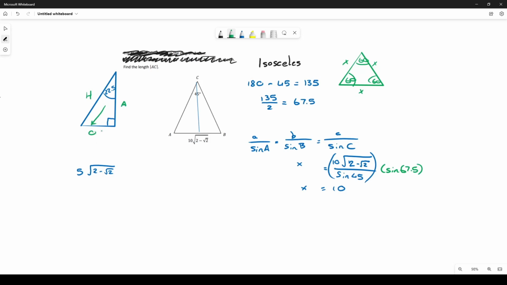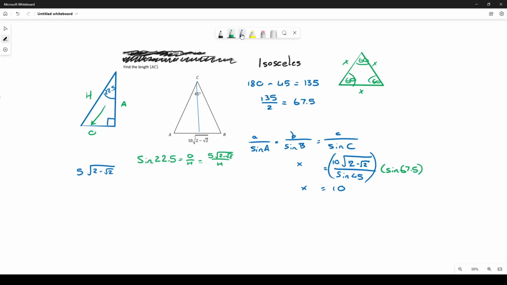So you have the opposite, and they've asked for the hypotenuse. So you'd use sine, because according to SOHCAHTOA, that's what links the opposite and the hypotenuse. Say sine of 22.5 is equal to this awfulness over h.